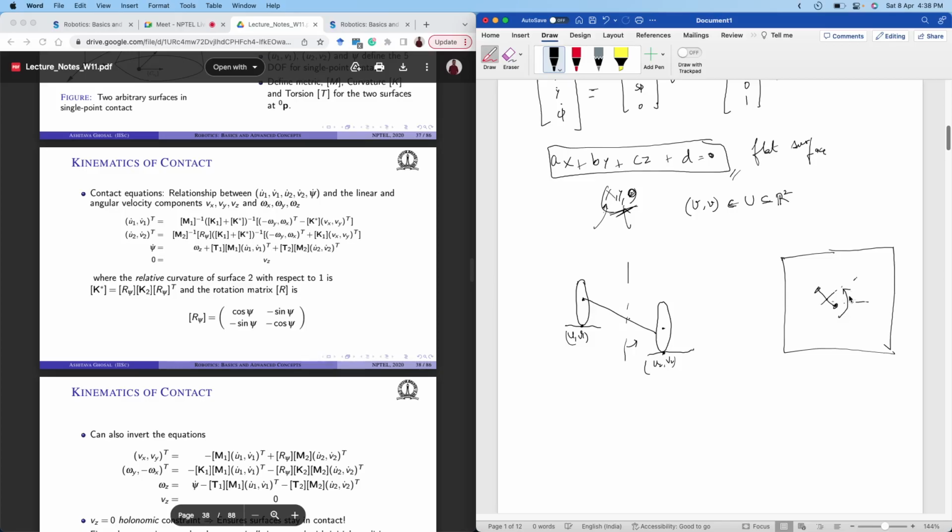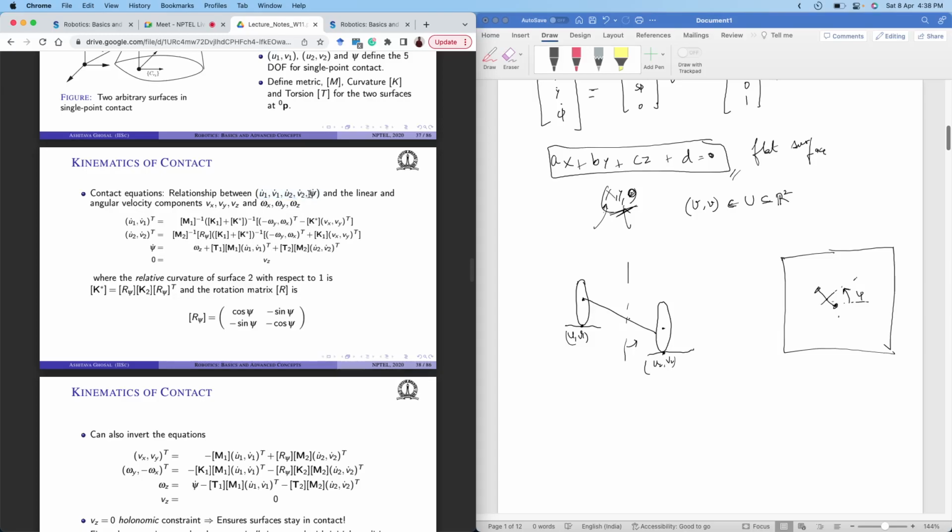This particular angle from horizontal is phi. So to define the complete motion, you have to define the relationship between how the change in the surface relates to the change in velocity of the robot.